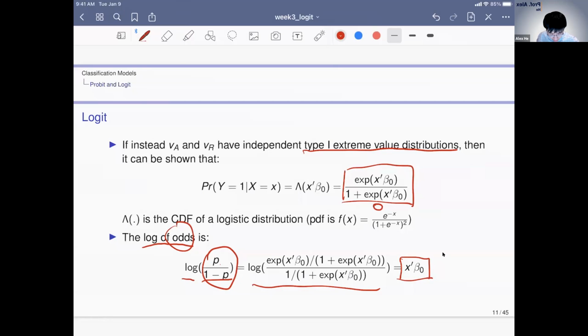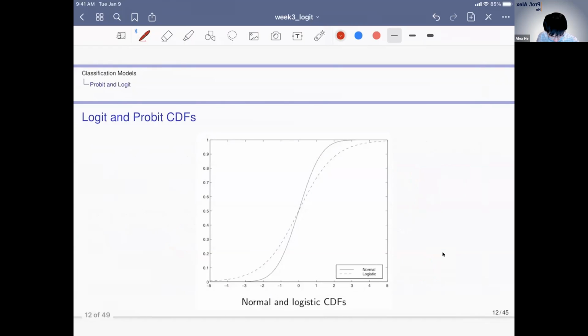And that's the trick, okay? And if you are curious what the logit and probit CDFs look like: you have the normal CDF, which you might have seen before, looks like this. And then the logistic is similar, but a little bit more spread out.